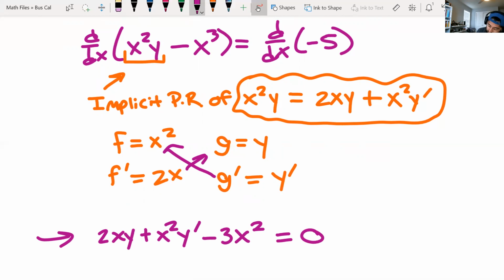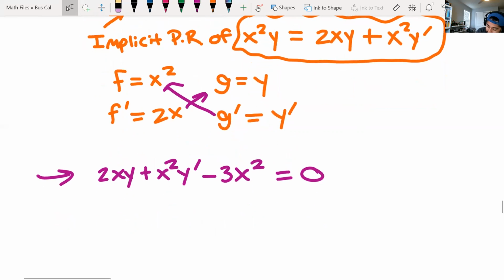Okay. There's our derivative. That's our implicit derivative. Now move everything over that doesn't have a y prime. Our job is to solve for y prime now. So x squared y prime will stay here.